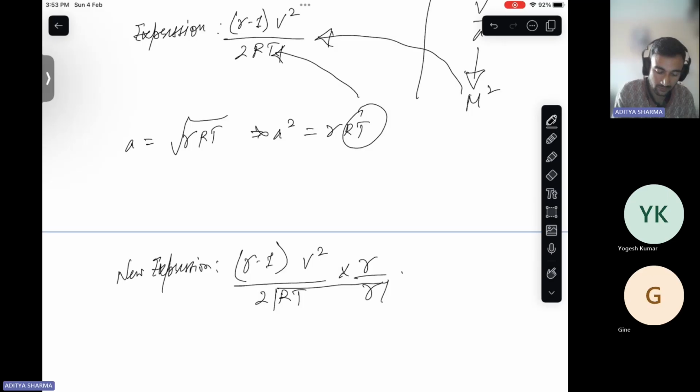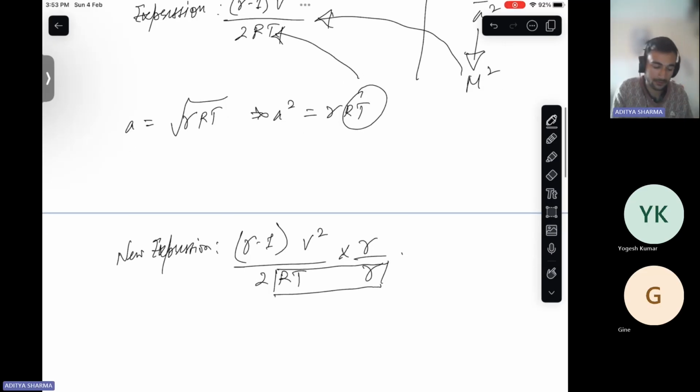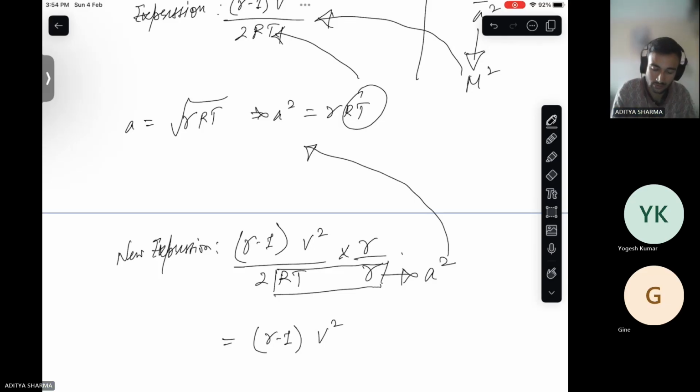There is no harm in including gamma in the numerator, because we already know the value of gamma. We didn't know the value of V, so we are redefining the expression. So it becomes gamma minus 1 V square, and gamma RT will become a square, which we have already seen here.